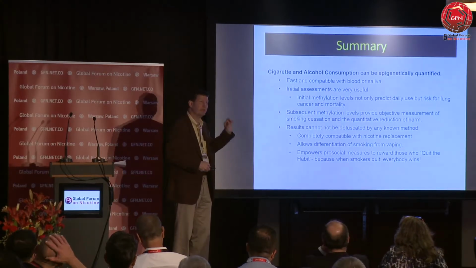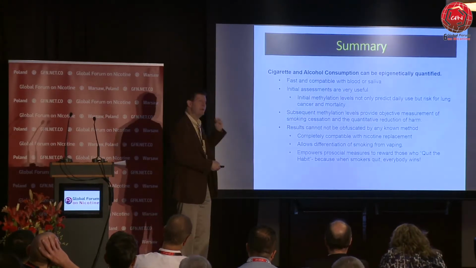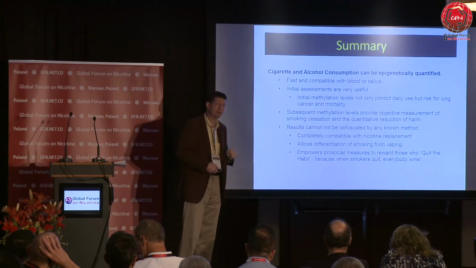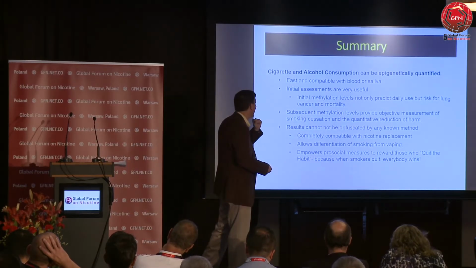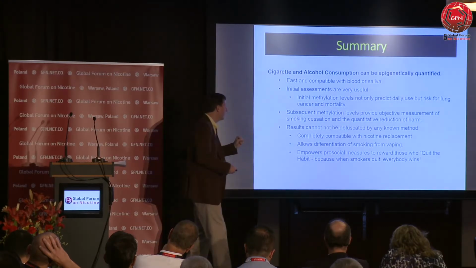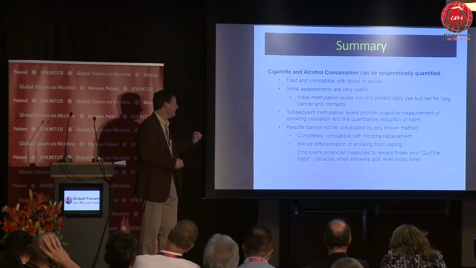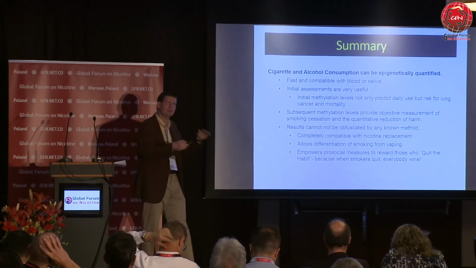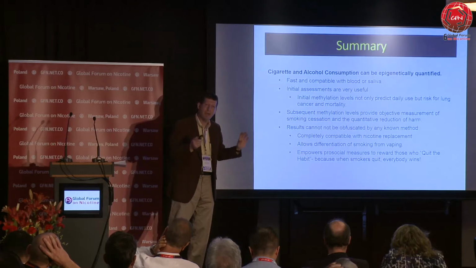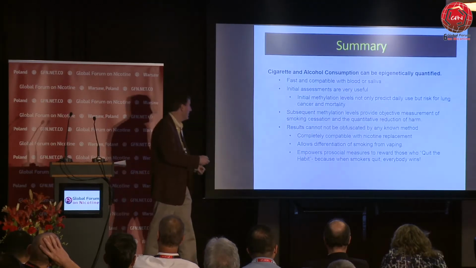The initial assessments in smoking cessation are very good because they tell you how many cigarettes a person is actually smoking, how heavily they are addicted. Subsequent methylation levels provide an objective measurement of smoking cessation and the quantitative reduction of harm, because the amount of reduction is dependent on how much they were smoking.